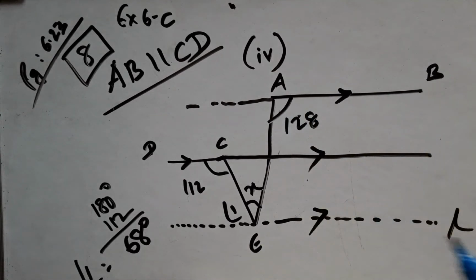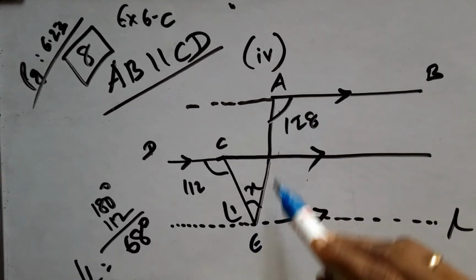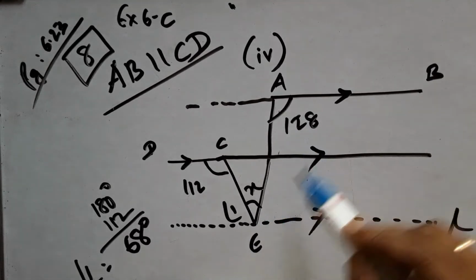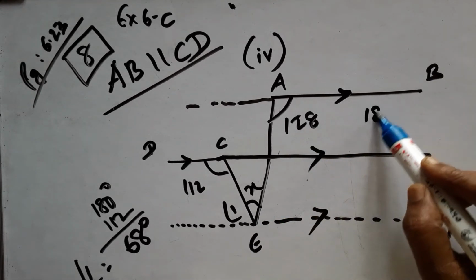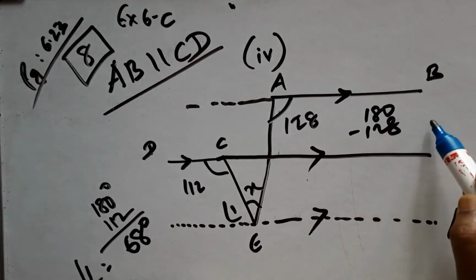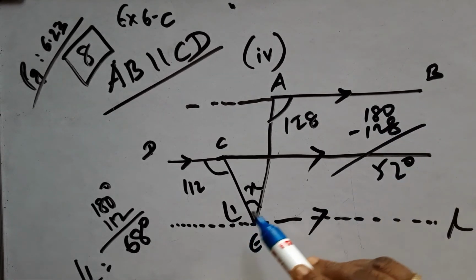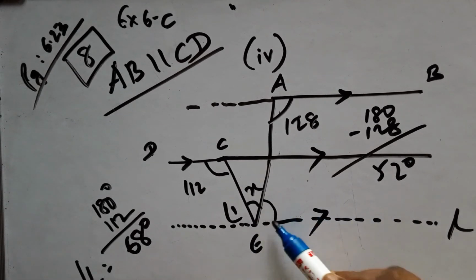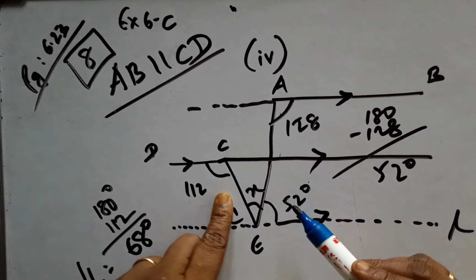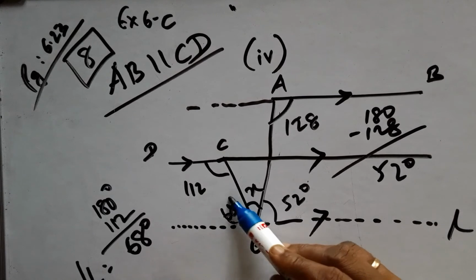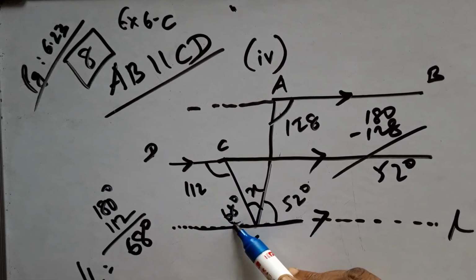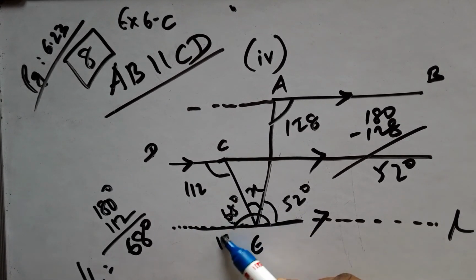These two will be co-interior angles and they will be supplementary. Therefore 180 minus 128 happens to be 52 degrees, and I have got 52 here and 68 here, and this being a line, the entire angle is 180.